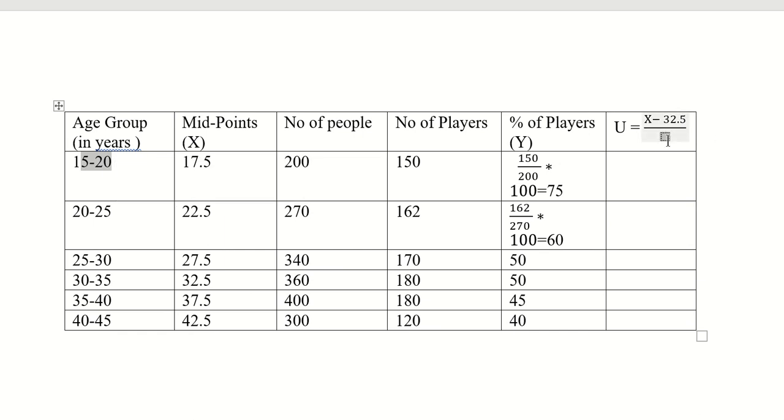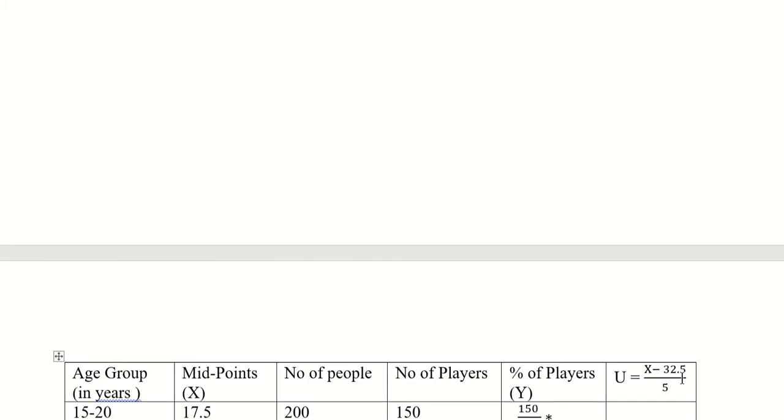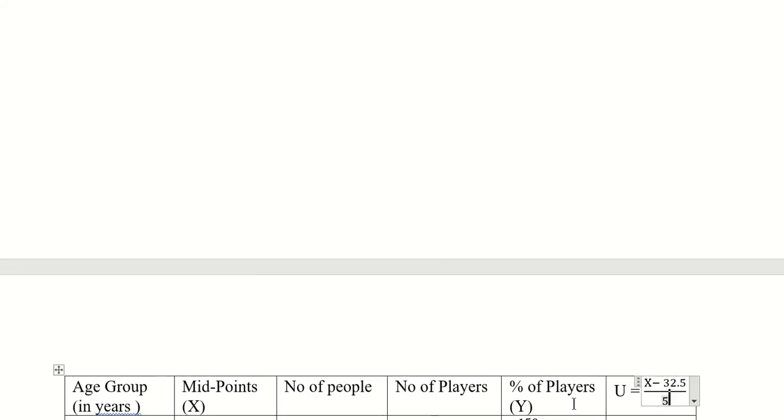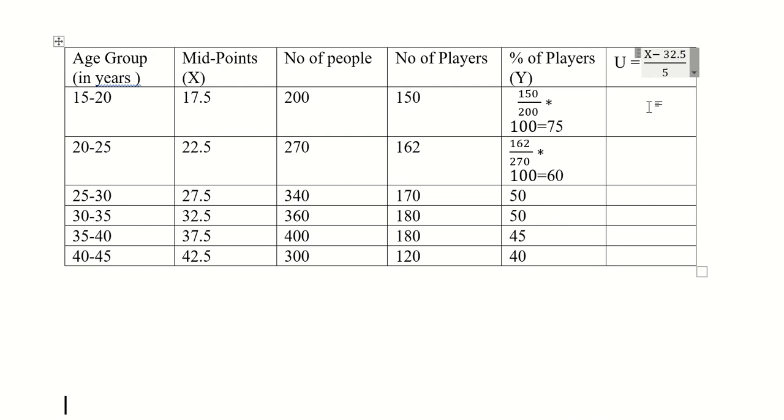So that's why I'm directly writing 5 here. So u is x minus the assumed mean, divided by the class interval, that is 5. And a similar thing we will do for v also, from y we will calculate.